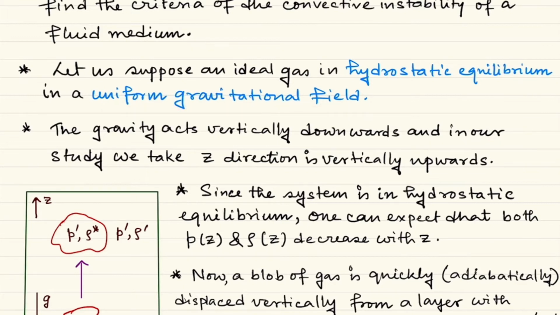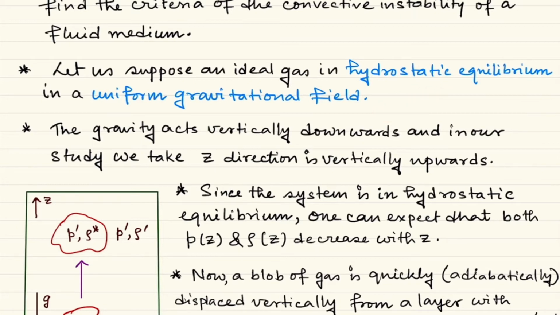Okay, so in this case we can no longer neglect the body force because the system is in hydrostatic equilibrium, and you know that the hydrostatic equilibrium is established by the interplay between the pressure gradient force and the body force in most cases. Okay, so of course viscosity is there, but viscosity is unimportant for this case.